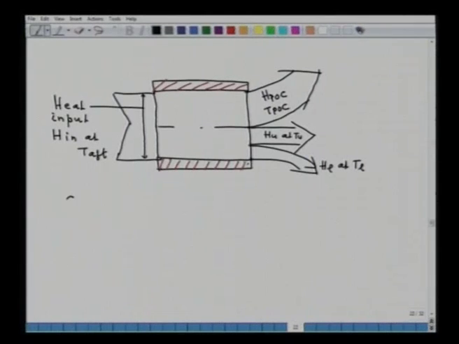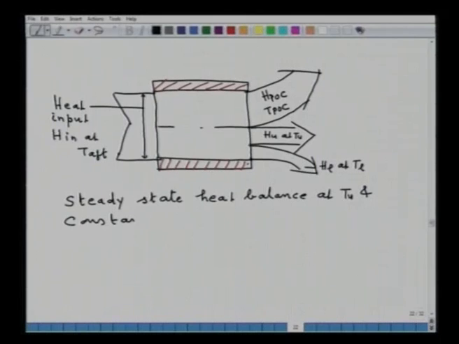So, now if you write down steady state heat balance, at temperature TU and constant fuel input, it is here the mentioning of the temperature is important, because once the furnace attains a steady state, the furnace operates at temperature TU, which is attained by the heat transfer from the products of combustion at TAFT, that is adiabatic flame temperature.